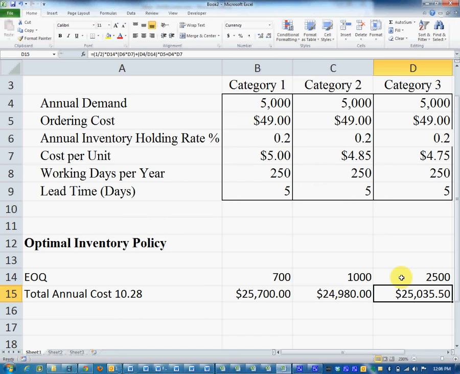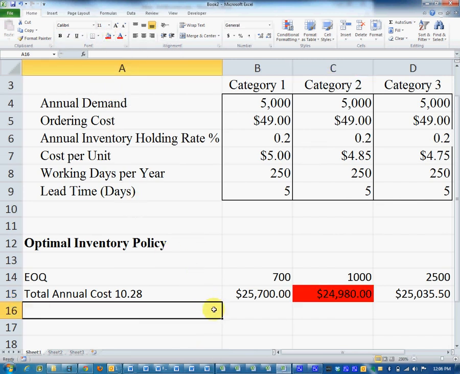Okay, so now we have our 3 total cost numbers. Which is the lowest? This one. So I'm going to just go ahead and color it red. That's your answer. Category 2 is the best, lowest cost option for us, to go ahead and order the 1,000, even though we don't need them. We're going to be keeping nearly 300 in inventory. But because the inventory holding rate isn't that expensive, that's our best option.